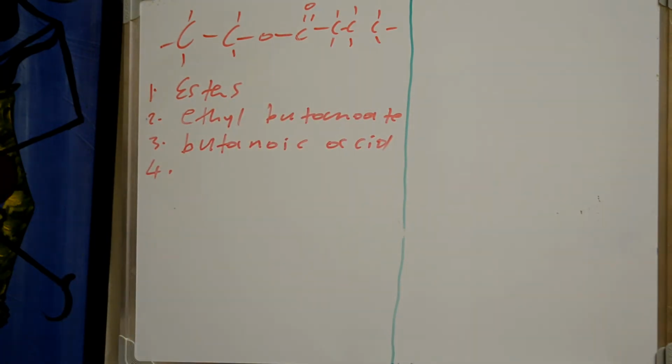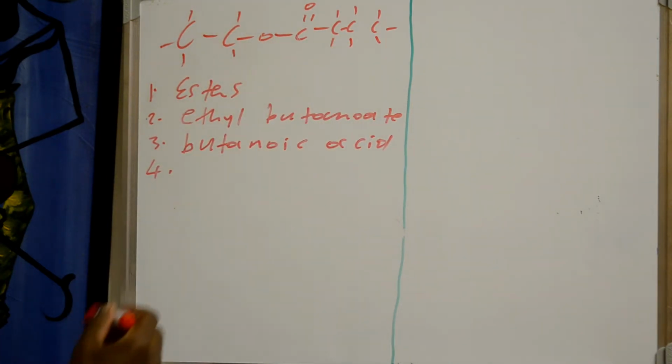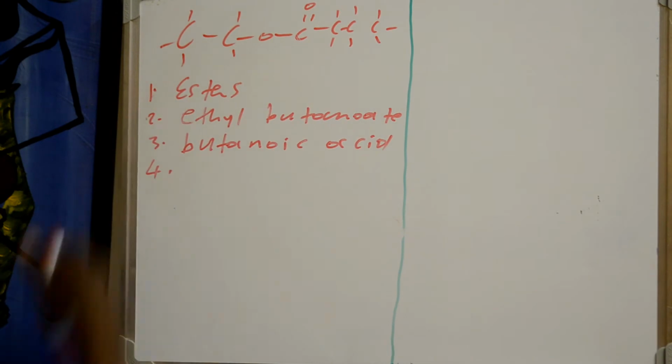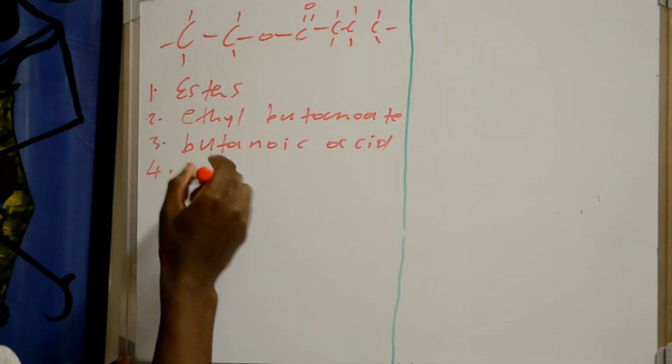Number 4: the structural formula of a straight chain functional isomer. So we know a functional isomer is where we move from one functional group to another.